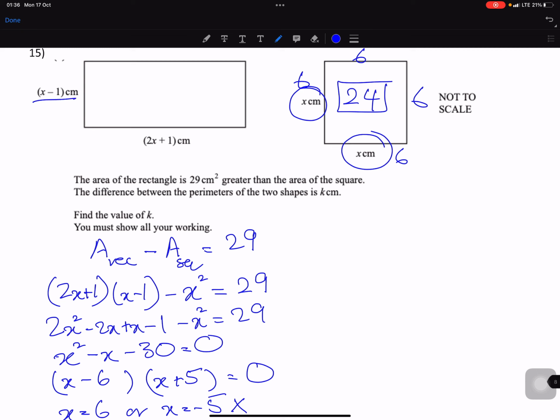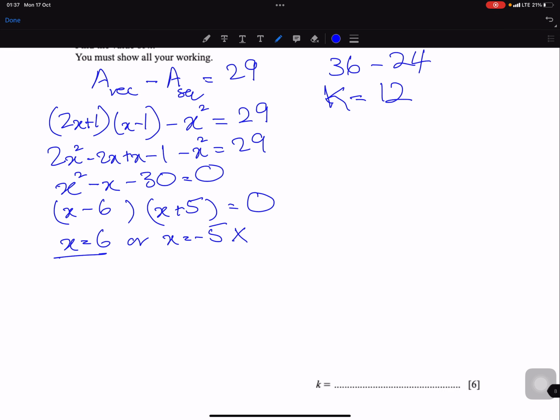So 6 minus 1 is 5. 2 times 6 is 12, plus 1 is 13. 13 and a 5, and that is 36. So the perimeter of the rectangle minus the perimeter of the square equals 12, and this is the value of k. All right, thank you very much.